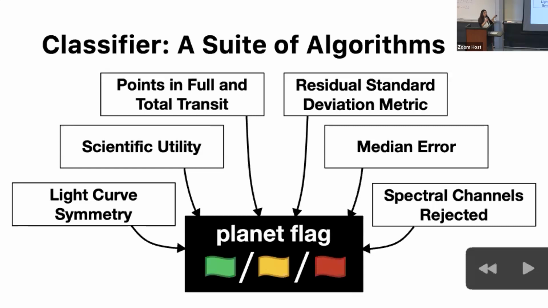So does it have points outside of the transit? Those are all important things in determining the quality of each data product. Those all come together for each planet, and we assign an overall flag of green, yellow, or red.